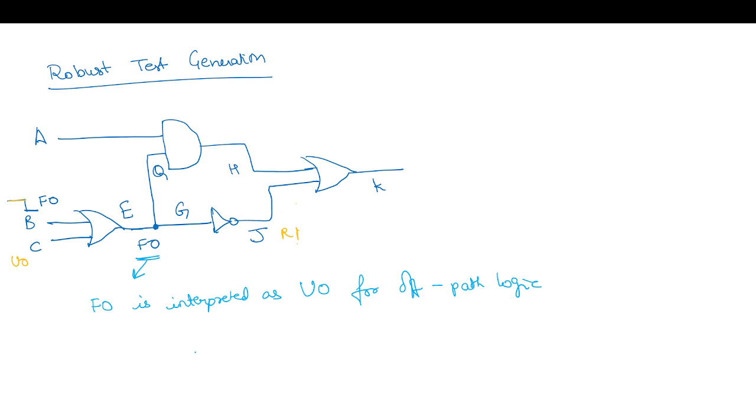That means U0 means it is don't care X, and falling transition means it's like 1 to 0. So we can write here U0. Now what we want here is a rising transition. This is a non-controlling value. Non-controlling means it should be strict 0.